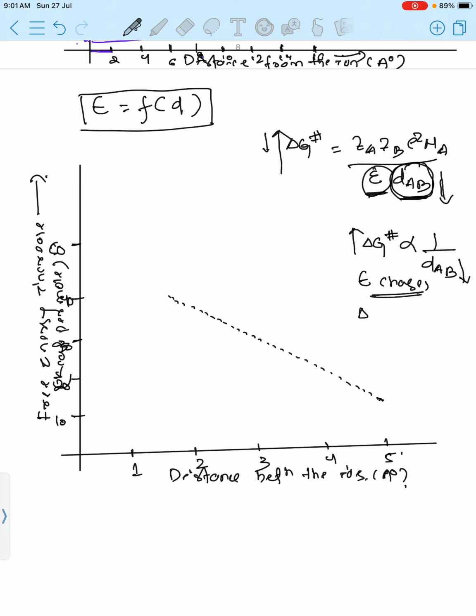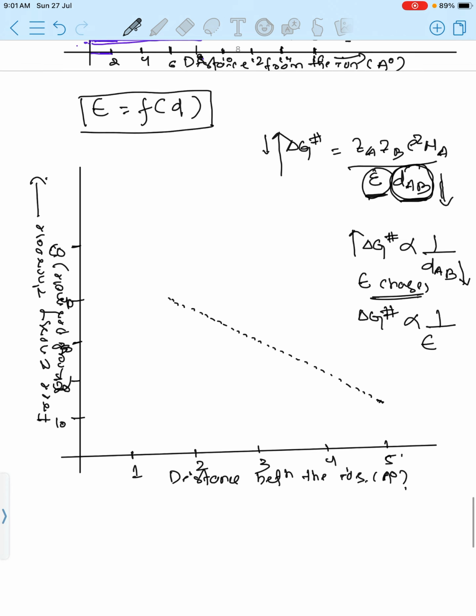That is, your delta G activation is inversely proportional to the dielectric constant, and the value of the dielectric constant is larger when the distance between the ions or solvent molecules and the ions is larger.